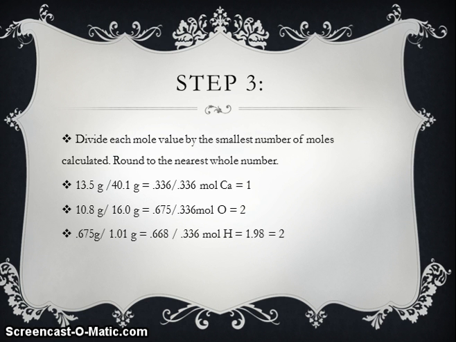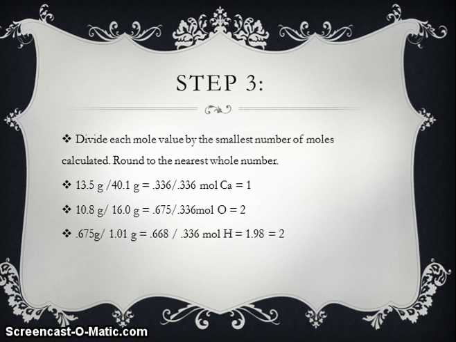Step 3. Divide each mole value by the smallest number of moles calculated. Round to the nearest whole number. So, you take 13.5 grams divided by 40.1, which equals 0.336, then 10.8 divided by 16, which equals 0.675, and 0.675 divided by 1.01, which equals 0.668.